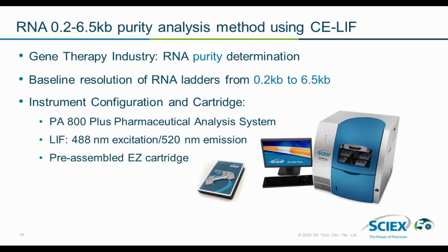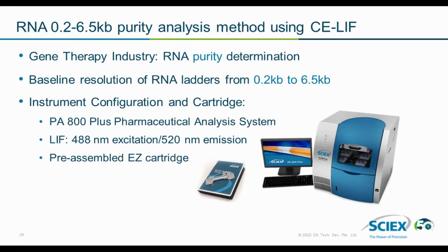But a lot of companies are now looking at using RNA specifically with laser-induced fluorescence to get down to the detection levels required. Typically, when you use laser-induced fluorescence detection in CE, you derivatize the genetic material in order to pick it up.